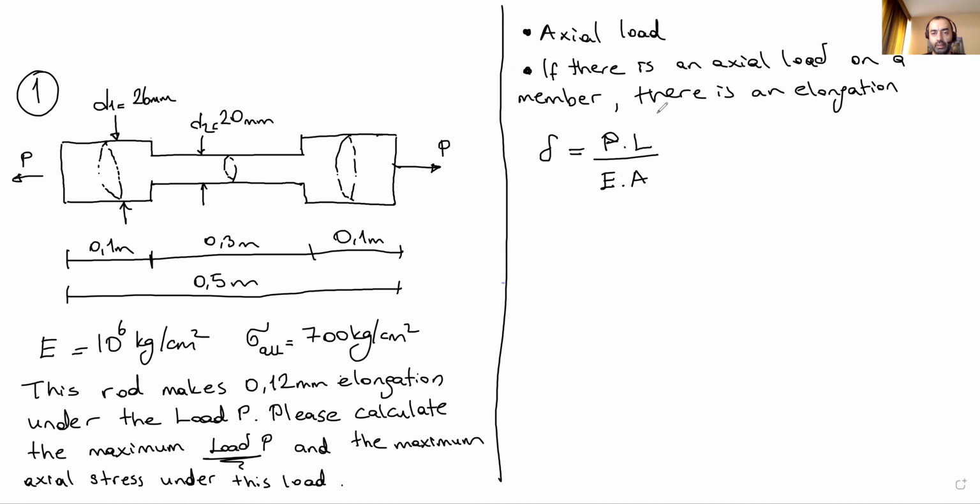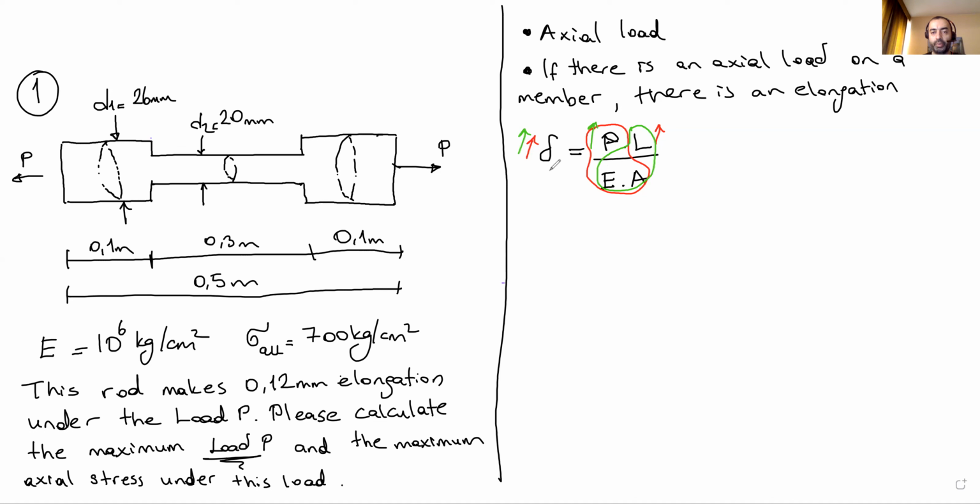So here, if everything is the same, and if L goes up, the elongation delta goes up. It's the same for the P. If all these numbers are constant, if P goes up, delta goes up.